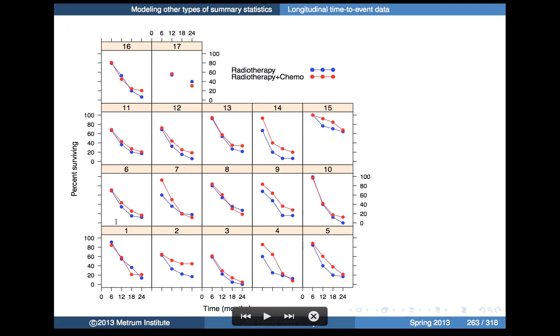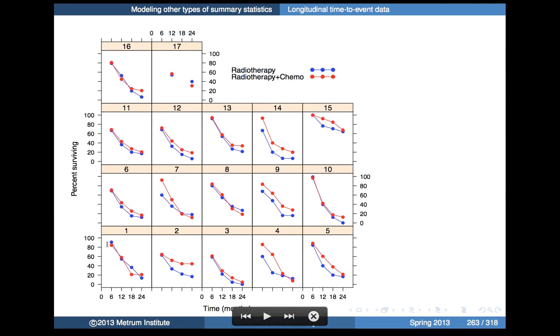If we look here, say at study 1 down here in the lower left-hand corner, plotted on the y-axis is the percent surviving, and plotted on the x-axis is the time in months. And you can see here at 6, 12, 18, and 24 months, we have our estimates pulled off of those Kaplan-Meier curves.